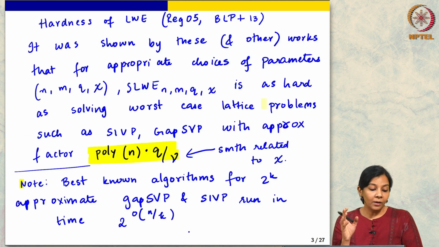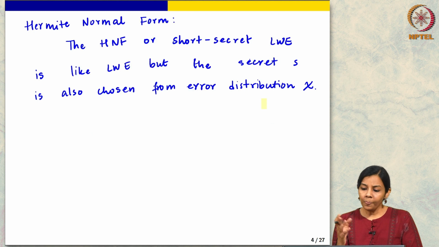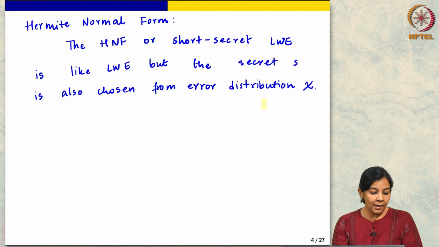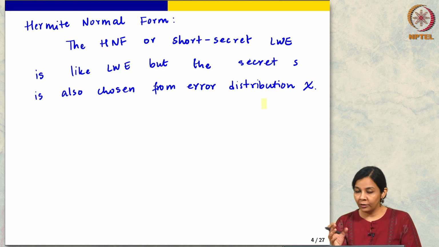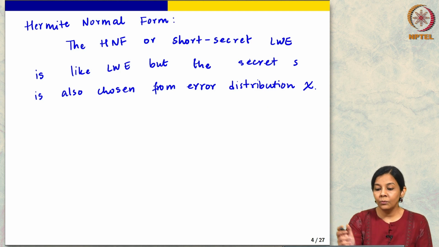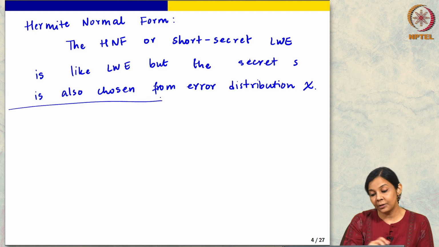So, the Hermite normal form or the short secret LWE says that even if you sample the secret from the same low norm error distribution, whatever you sample the error from, then also LWE remains hard. There is quite a cute proof for this, maybe we can do it if time permits. But first I would like to just show you public key encryption from this.